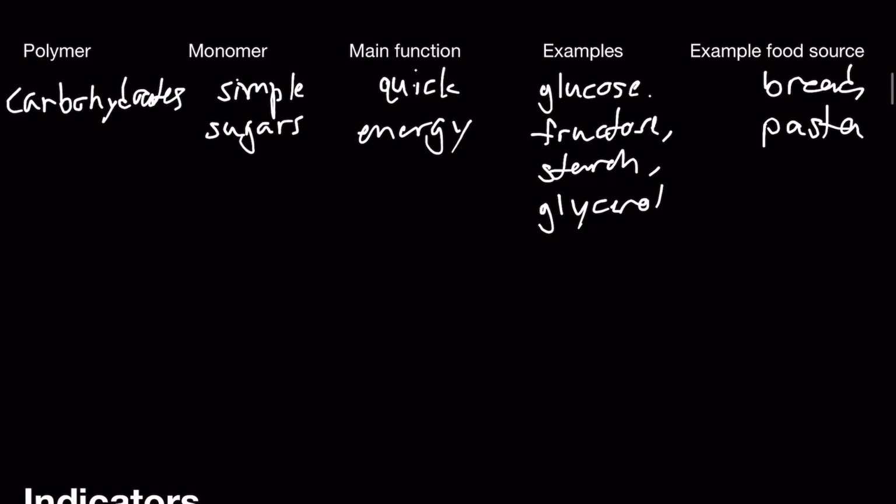The next one you want to know are proteins. Proteins are very important for muscle growth. They're enzymes that make up all the antibodies in the body, which we'll look at later. Their building block or monomer are amino acids. Multiple amino acids form a larger polypeptide chain, which comes together to form a protein. They have a lot of main functions.